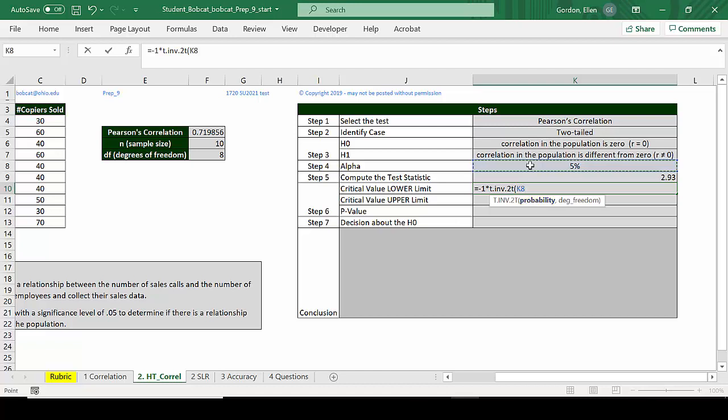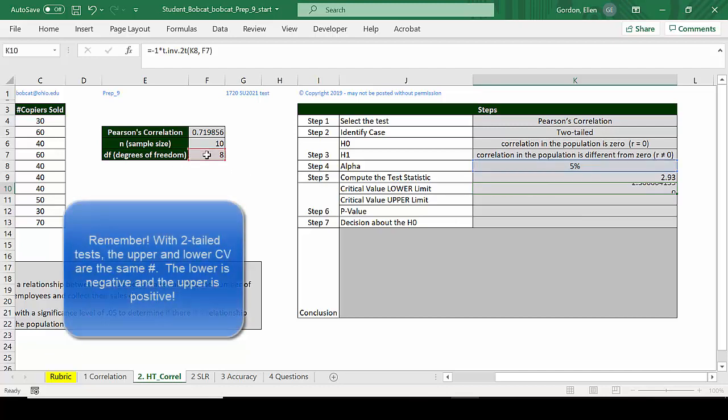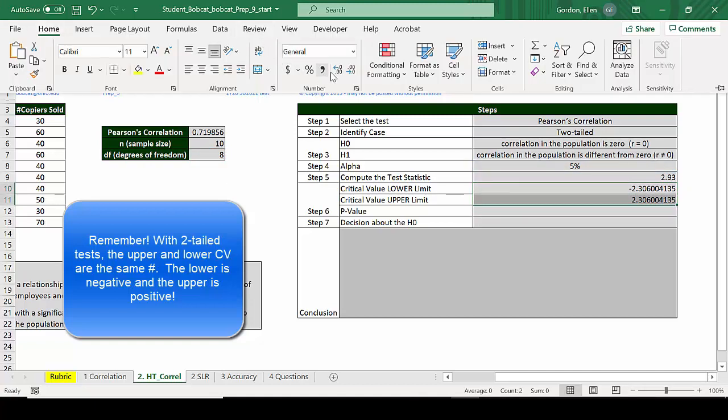This is alpha. And then it's asking for the degrees of freedom, which we computed over here. And I got -2.31. For the upper critical value, we're just going to do t.inv.2t, and indicate our probability, which is alpha, and then our degrees of freedom. And I'm going to format those both to show 2 decimals.